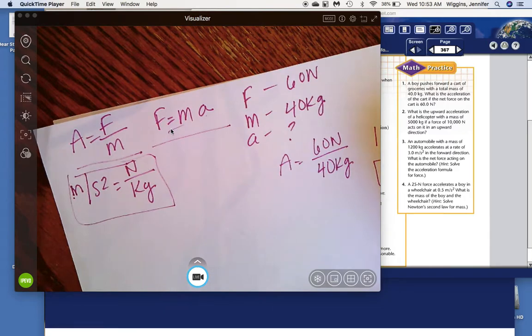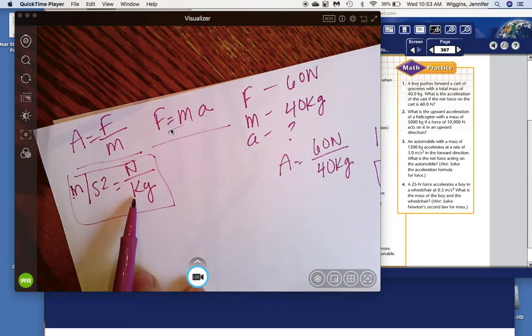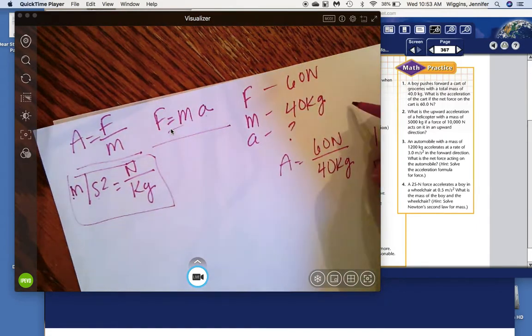They're the same thing because a newton divided by a kilogram is equal to meters per second squared. So that's number 1.